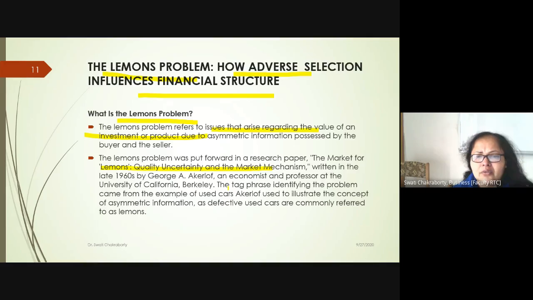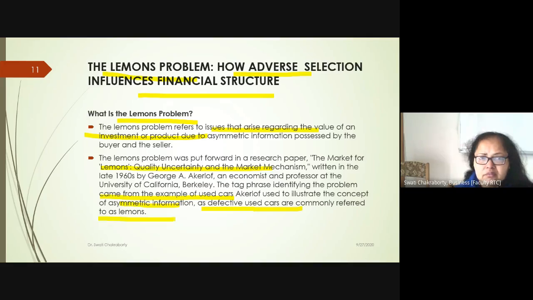This lemons problem came up with regard to used cars. That's how the name came up. Akerlof illustrates the concept of asymmetric information with defective used cars, which are commonly referred to as lemons.